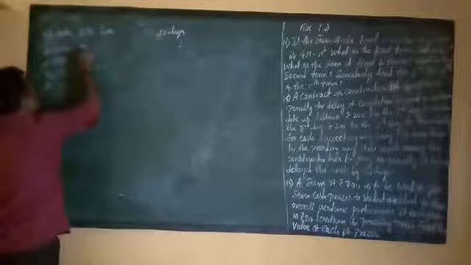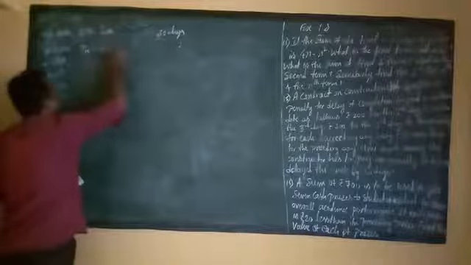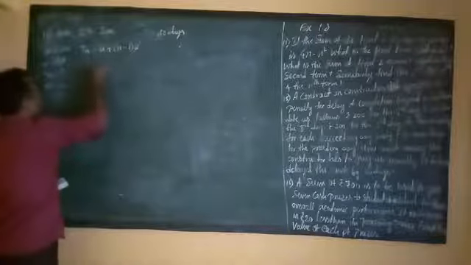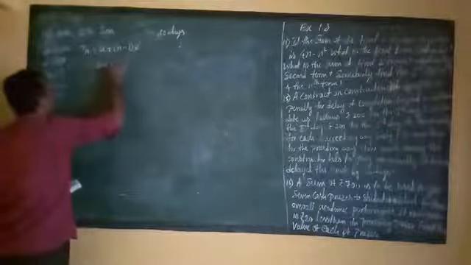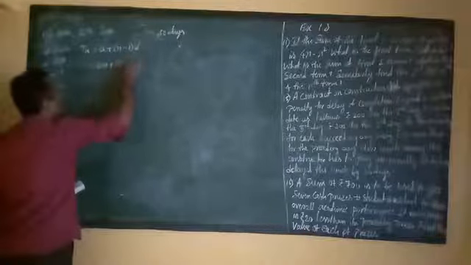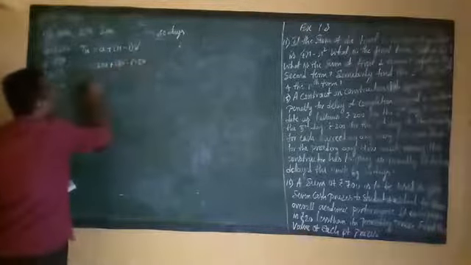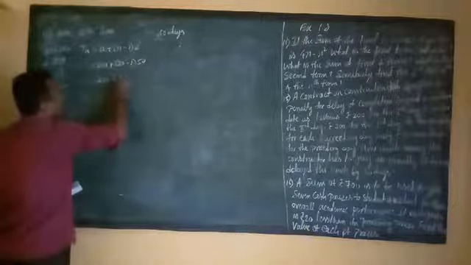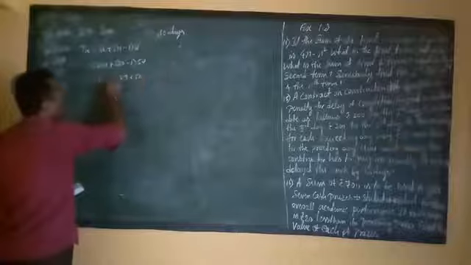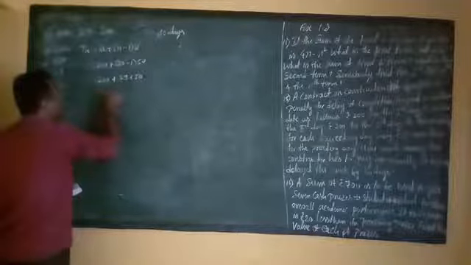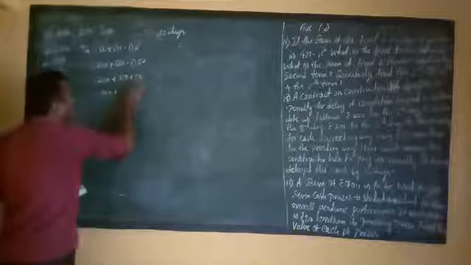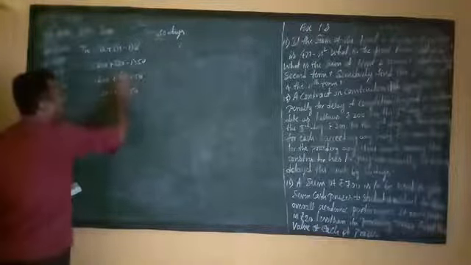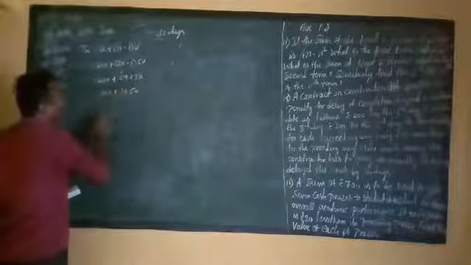Tn is equal to a plus (n minus 1) into d. First term 200 rupees, plus n means 30 minus 1, into d which is 50. So 200 rupees plus 29 into 50. 5 nines are 45, 4 carry; 5 into 10 is 50, plus 4 is 54 hundreds, so 1450.